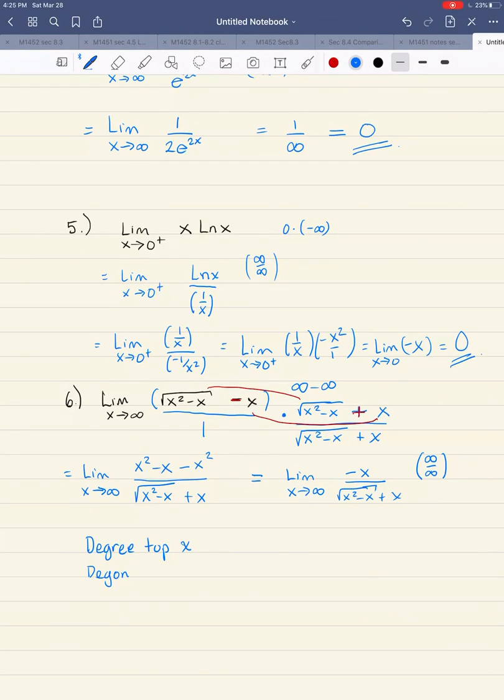The degree on the bottom, good gosh, can't spell degree. The degree on the bottom, I've got a square root of x squared, and I've got an x to the first power as well. So if we were to look at the ratio of the coefficients of the highest powers of x, right?